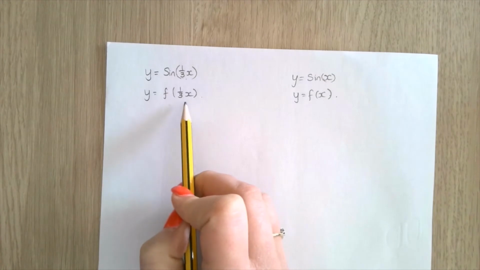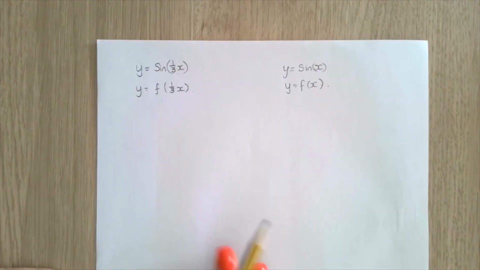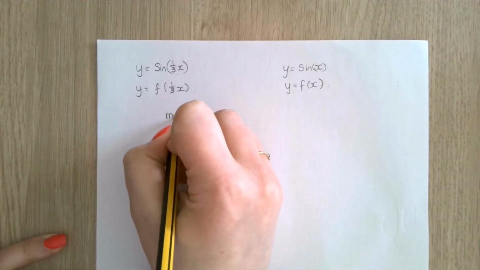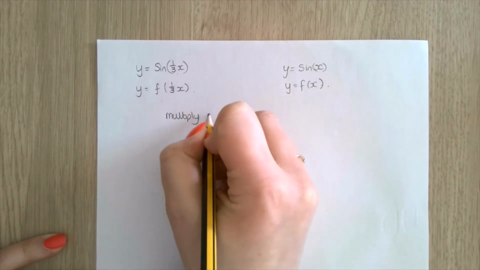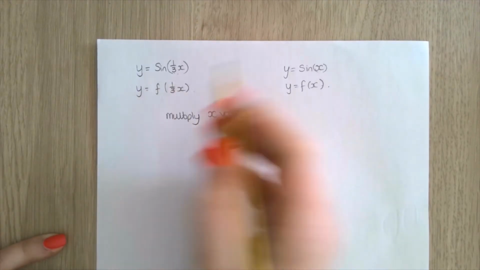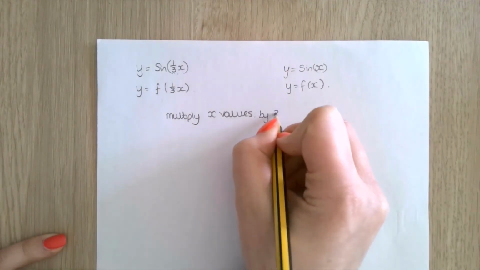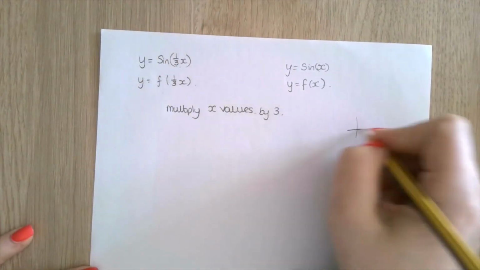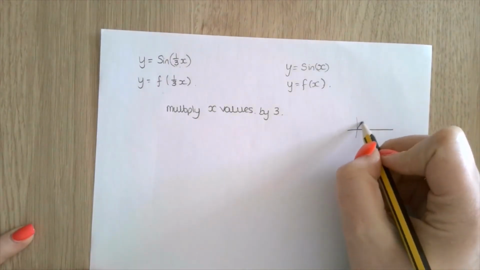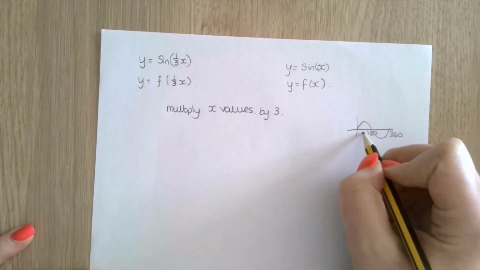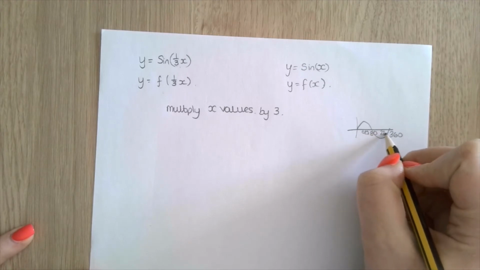Hopefully identifying this from your function notation for transforming graphs, you know that this means you are going to multiply the x values by the reciprocal of this, which is 3. So looking at my basic sine graph, 90, 180, 270 and 360.